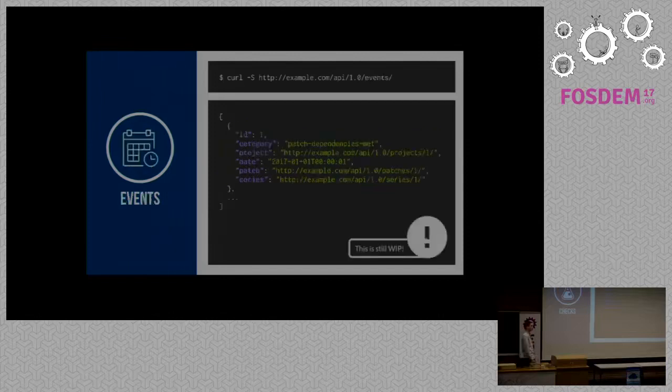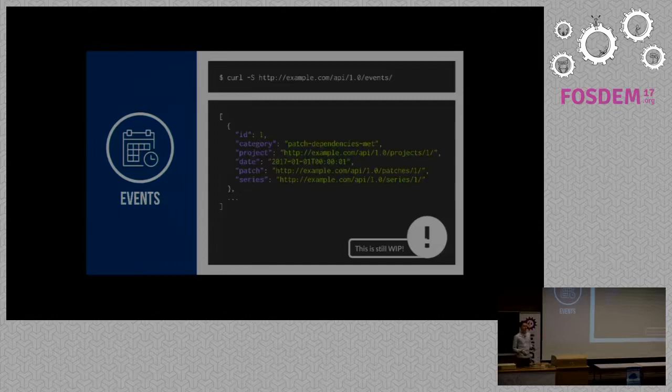The final one, the one that's kept me up late at night for the last couple of weeks, has been events. This is based on how GitHub do events in their API. I figured, why reinvent the wheel? Events will keep track of lifecycle events and different elements that Patchwork tracks.